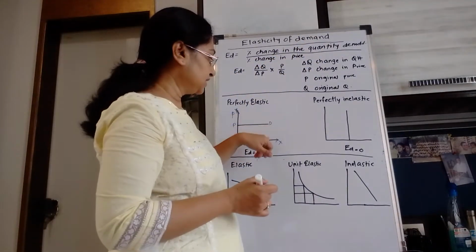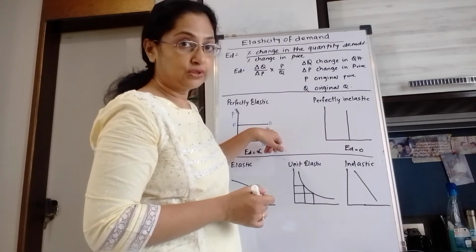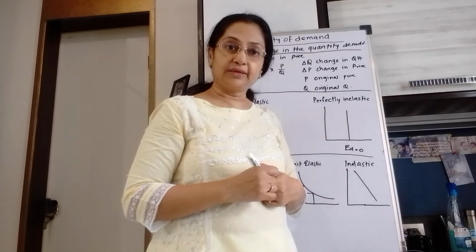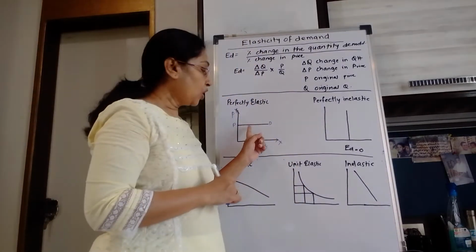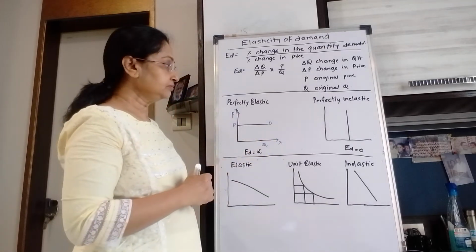Therefore, perfectly elastic demand is a horizontal line parallel to x-axis. You have to learn to describe the curve, which is a horizontal line parallel to x-axis.